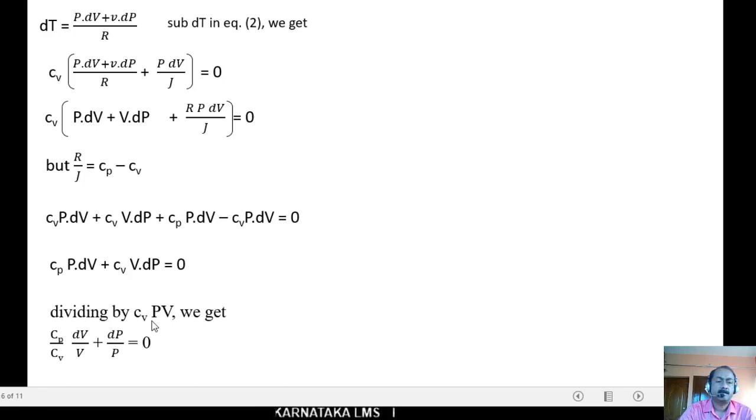Dividing this equation by Cv into PV, we get Cp upon Cv into dV upon V plus dP upon P is equal to 0.